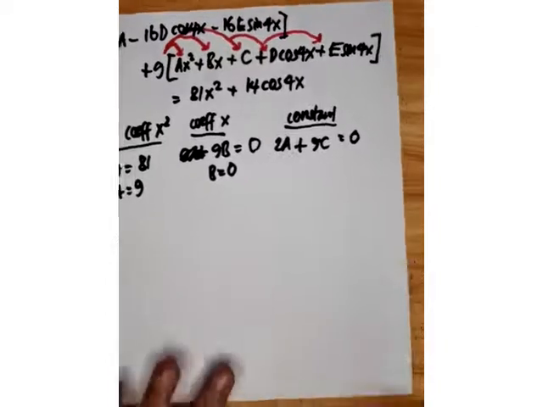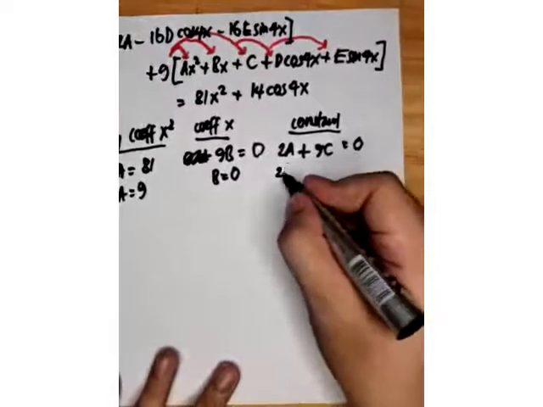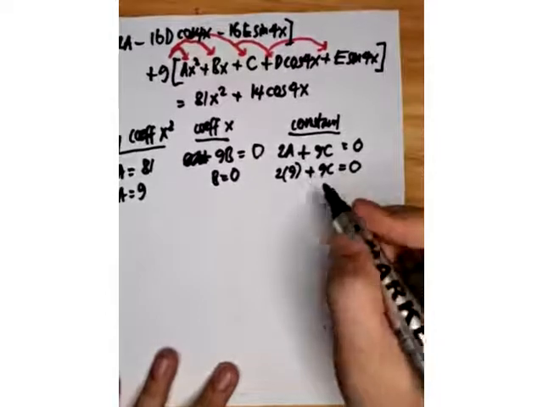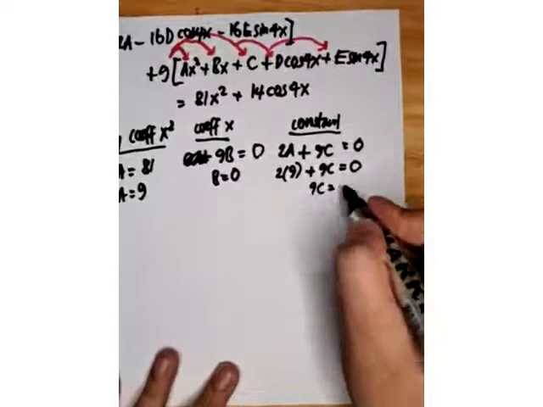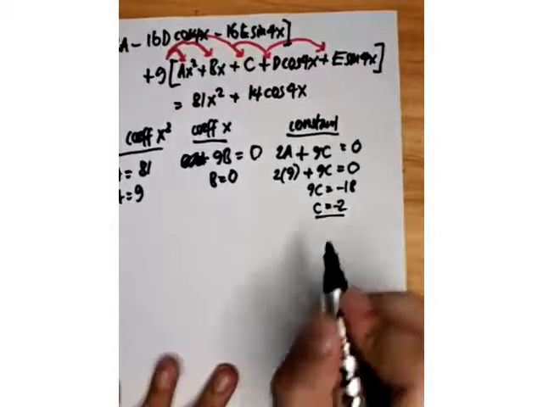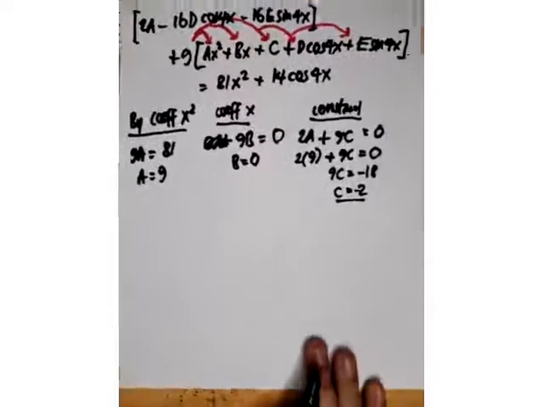Ayan. So, 2 times 9 plus 9c is equal to 0. So this is 9c is equal to negative 18. So c is equal to negative 2. Ayan.